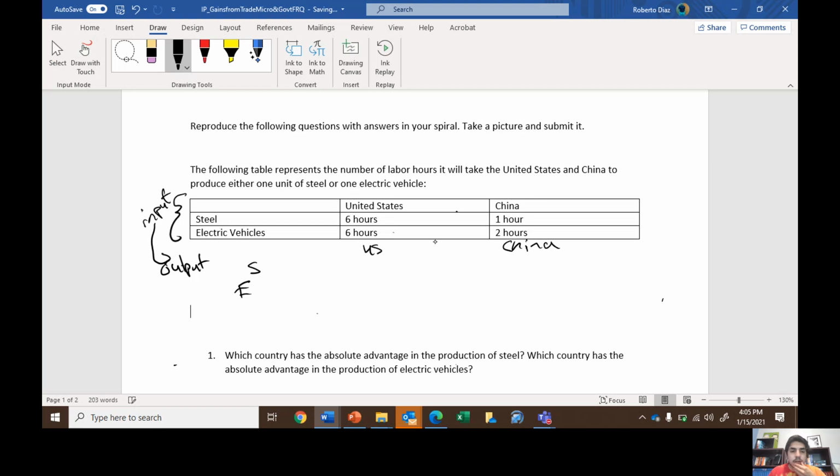And the way that we can convert it into an output table is by randomly assigning a number of hours per day. We can say 8-hour workdays are pretty conventional, right? And so we can ask ourselves, how many units of steel can the United States produce in an 8-hour workday?